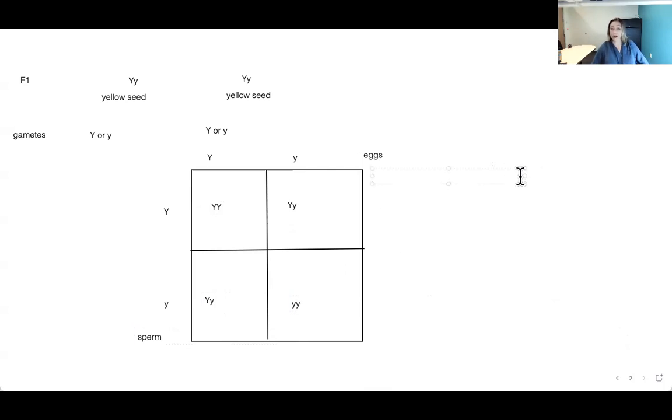So again, we are going to say that the F2 generation has 100 offspring. So let's look at genotype.